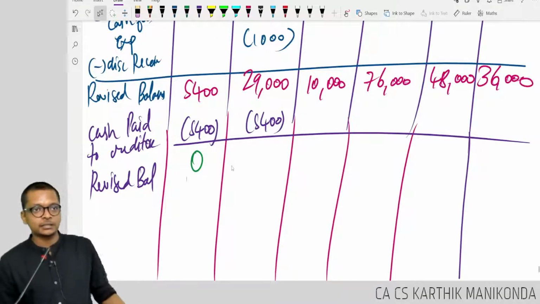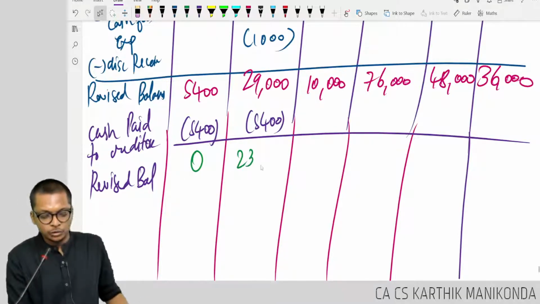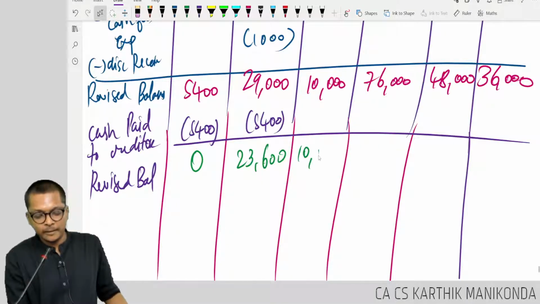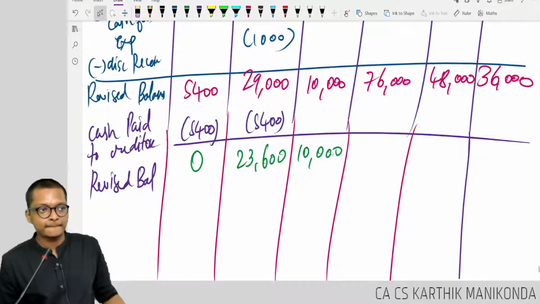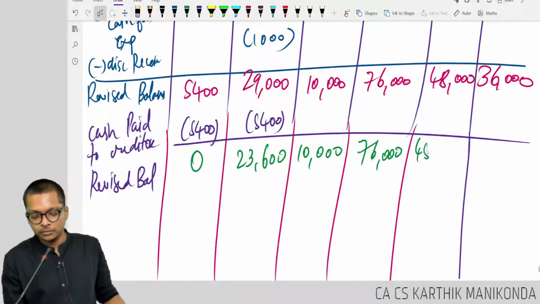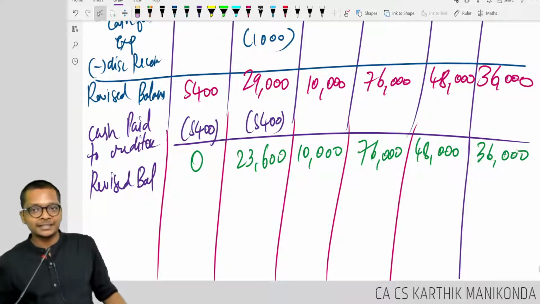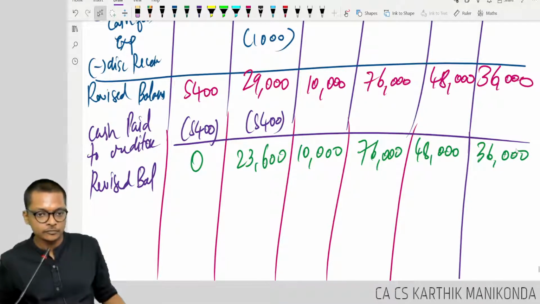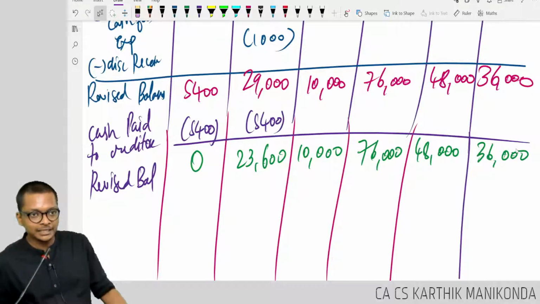Revised creditors is 23,600. 10,000 is same. 76,000. 48,000. 36,000. Done, guys.